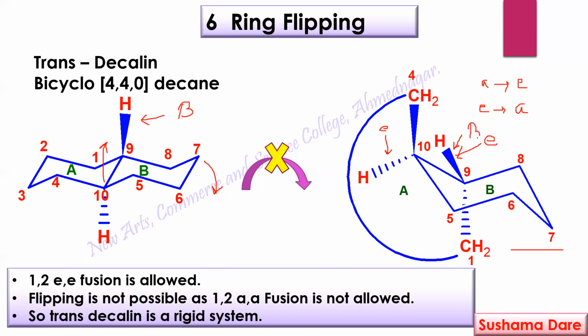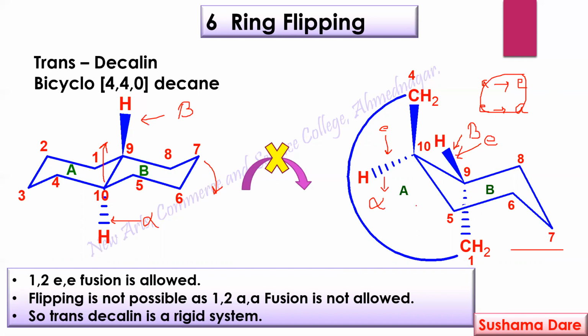The orientation of the C10 hydrogen is alpha, and after flipping that hydrogen again remains alpha only. So due to flipping, these are the observed changes: axial changes to equatorial and equatorial changes to axial.